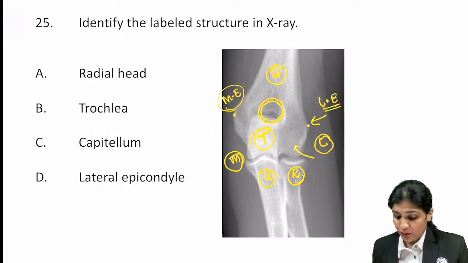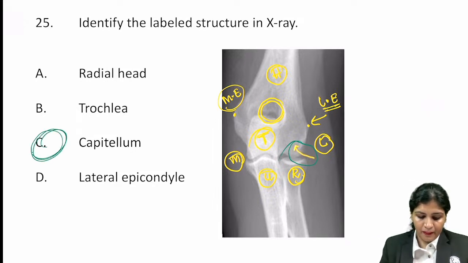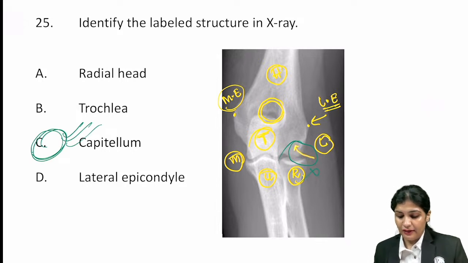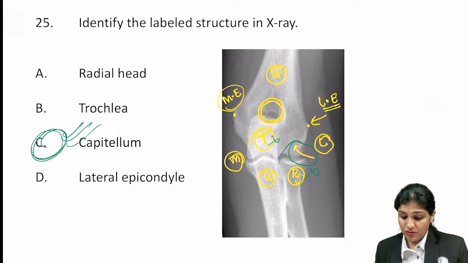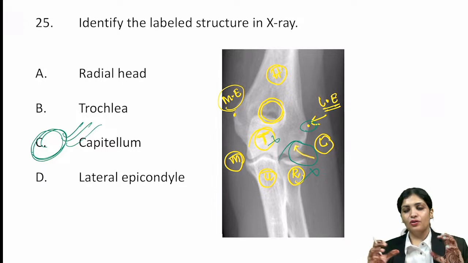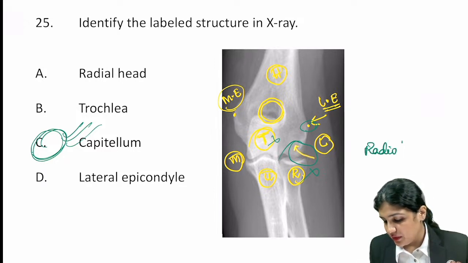And then here what he has asked us, so this is the arrow mark, right? So on the lateral side, what you see, the capitulum, right? So radial head is already there. This is not the radial head, and now this is the trochlea. So this is not trochlea, and lateral epicondyle. So the lateral epicondyle is one which is very prominent. Here you see what is called the capitulum, because the radial head will unite with this capitulum.